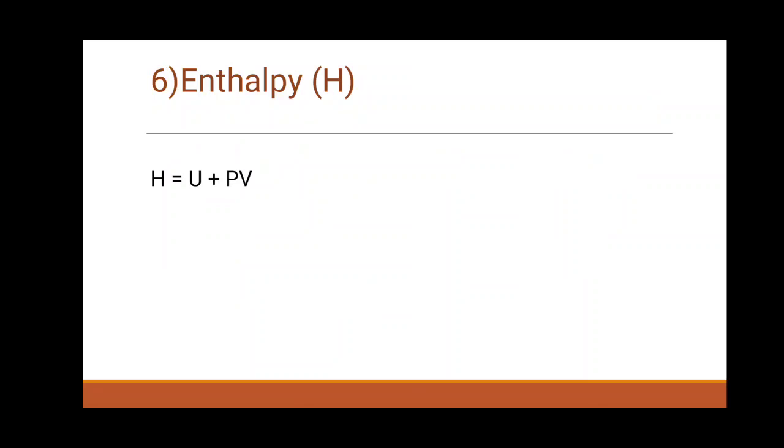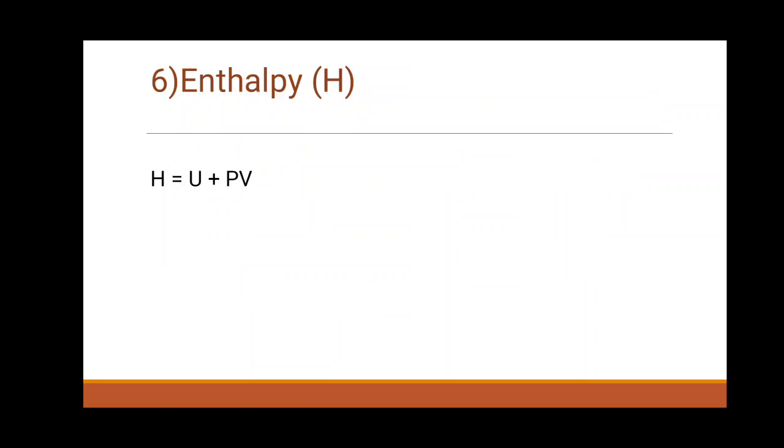So any system may be solid, liquid or gas. After heating, it has some stored energy, that is the internal energy U, and pressure and volume also. So internal energy added with pressure-volume gives the total heat, right?